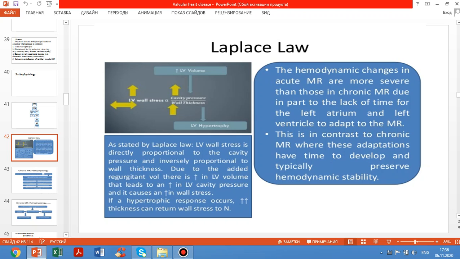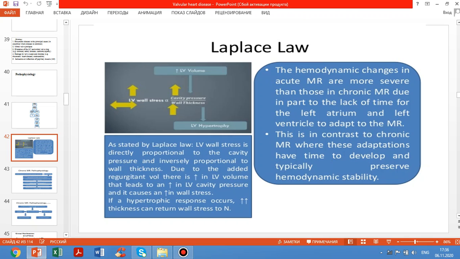Due to the added regurgitant volume, there is an increase in left ventricular volume that leads to an increase in left ventricular cavity pressure, and it causes an increase in wall stress. If a hypertrophic response occurs, increased thickness can return wall stress to normal.